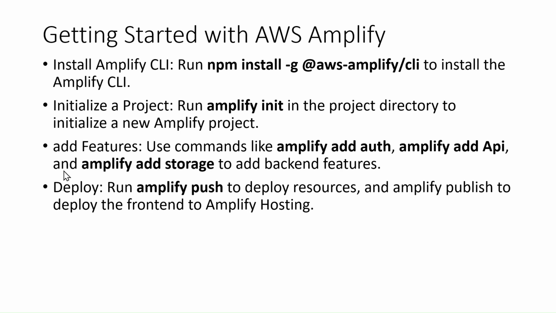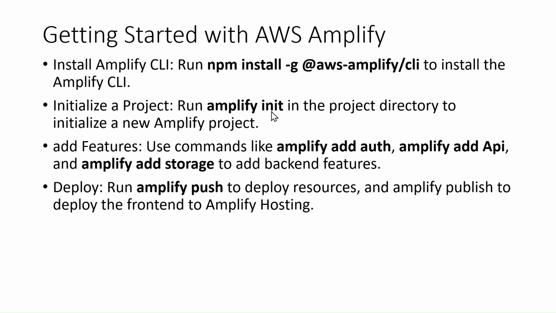Fine. Next we need to initialize the Amplify project. For that we will use the command amplify init in the project directory, to initialize a new Amplify project. Whether you have an already existing backend or not, just run the command amplify init.